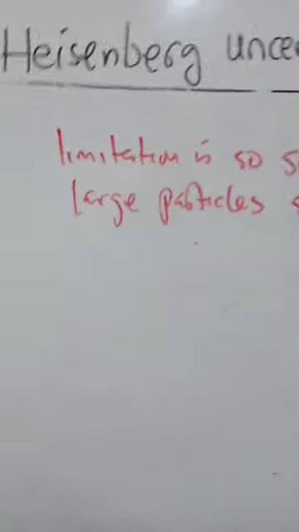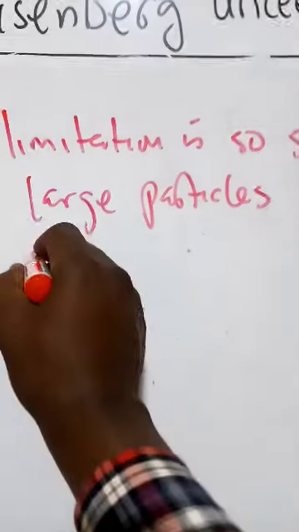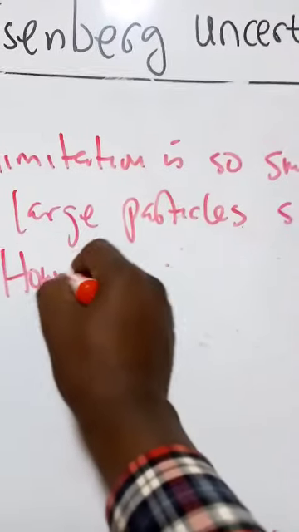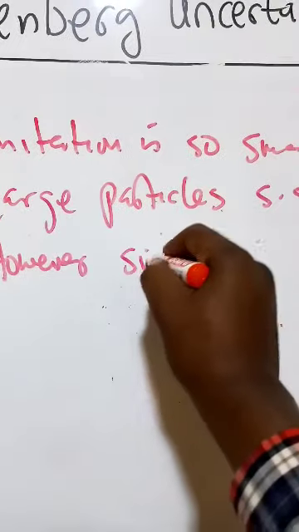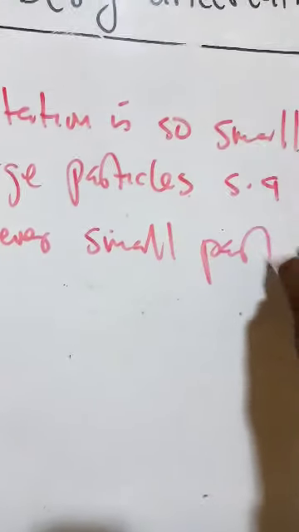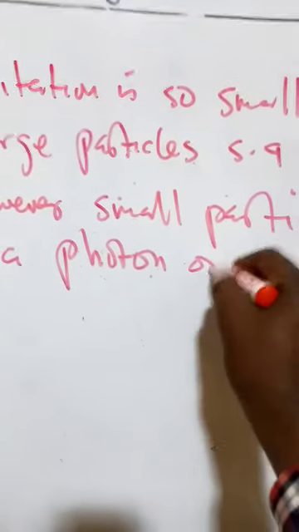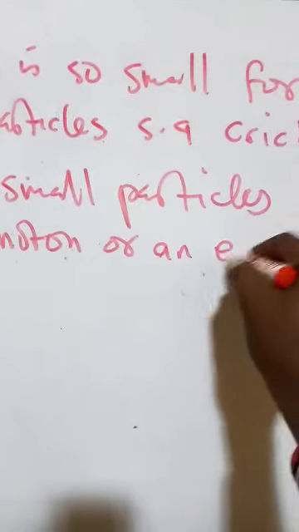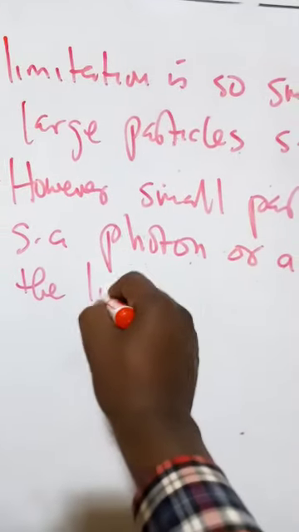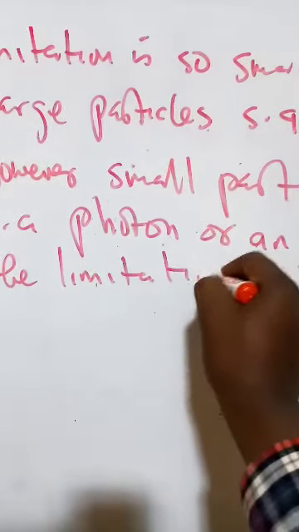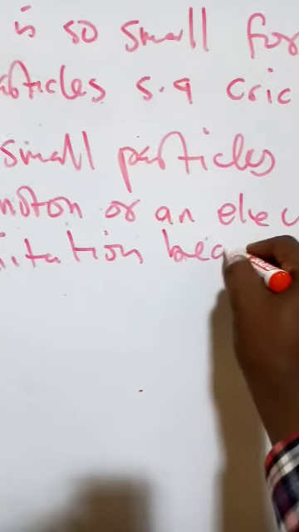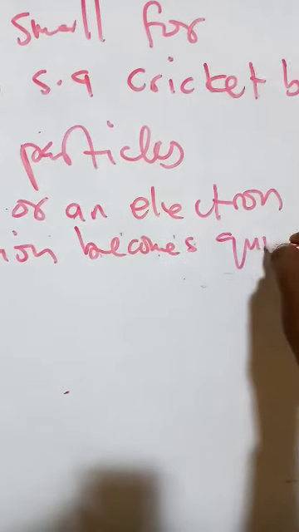However, for small particles, such as the photon or an electron, the limitation becomes quite important.